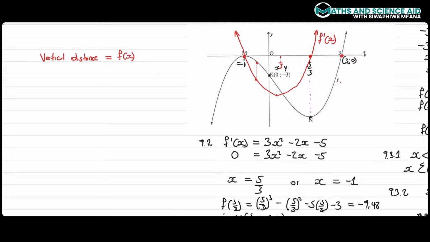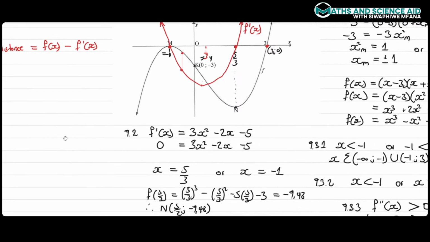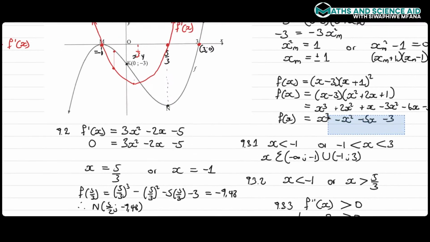But obviously the y value can be obtained from f of x as long as we know the x value. And then we'll have to subtract the y value of the point below, which is on f prime of x. So we need to subtract f prime of x. You see, that's how you are gonna work out your equation. And then we know the complete equation for f.